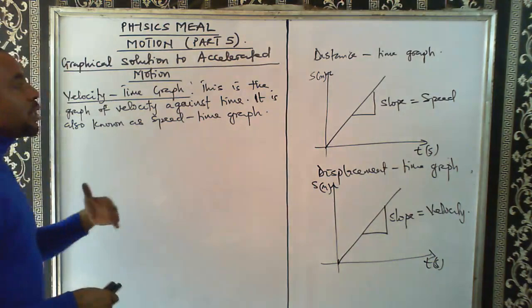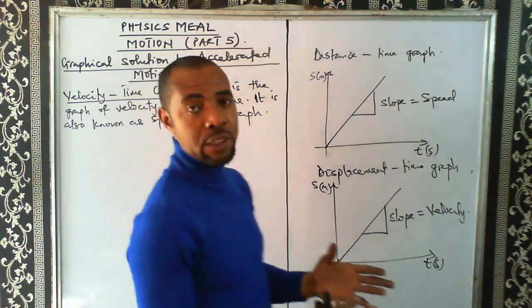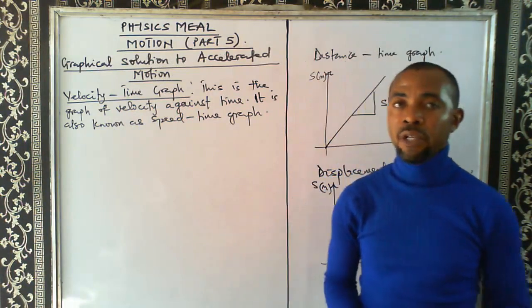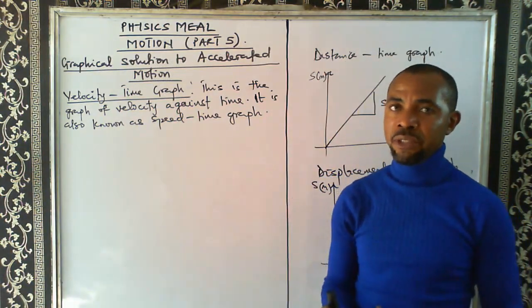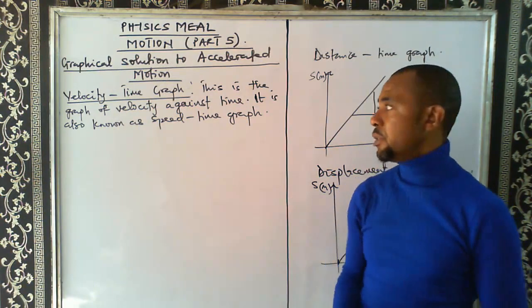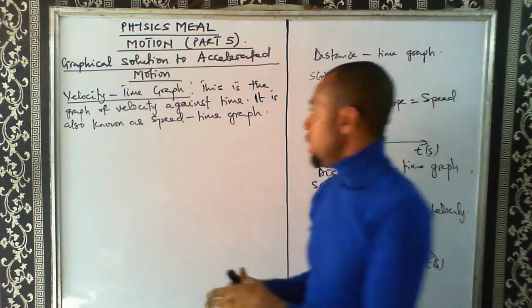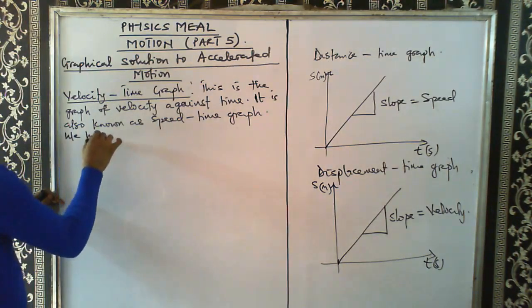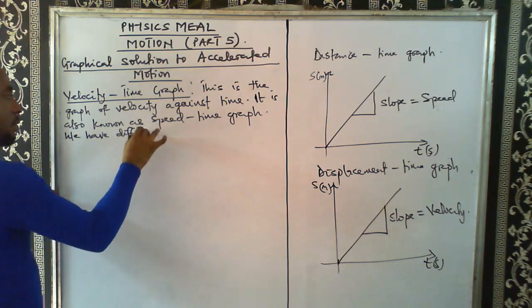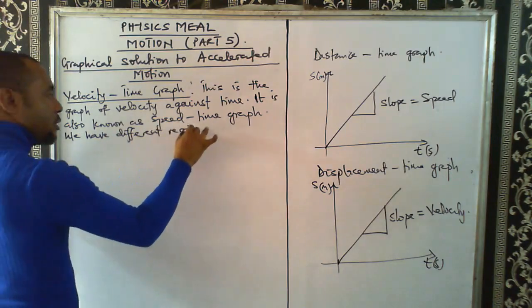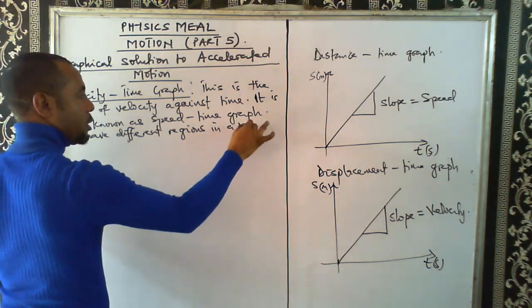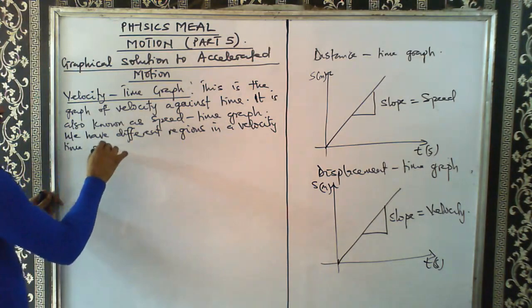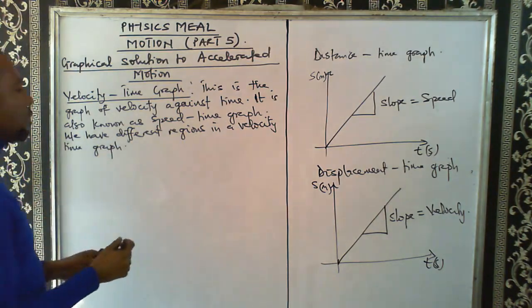Now we have different regions in a velocity time graph. That's the first thing we must understand. We'll be explaining those regions so that you understand what they are.